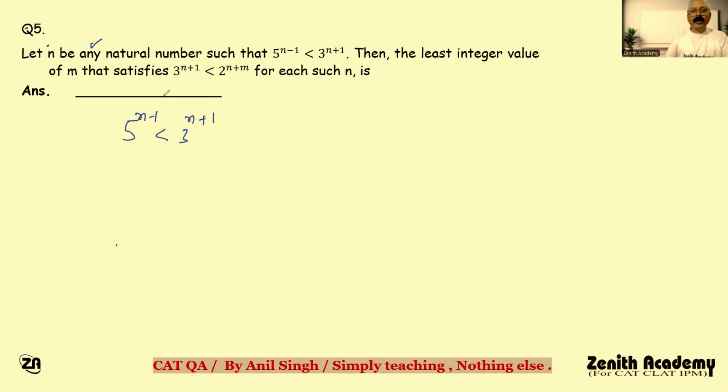Then the least integer value of m that satisfies 3 to the power n plus 1 less than 2 to the power n plus m. So here we have to find the least integer value of m. If m is least, then the biggest possible value of n is required here, since 3 to the power n plus 1 is going to be less than 2 to the power n plus m.